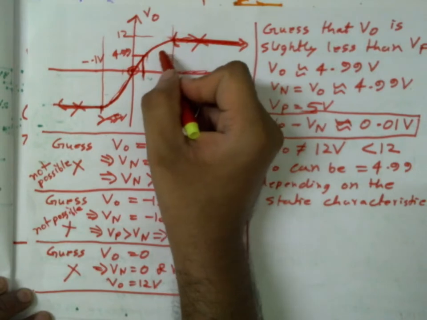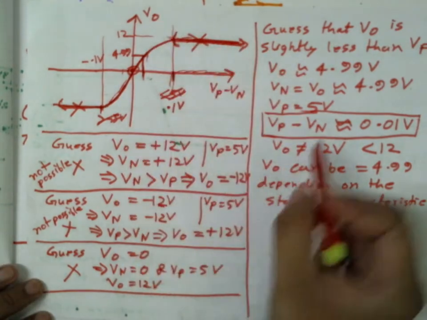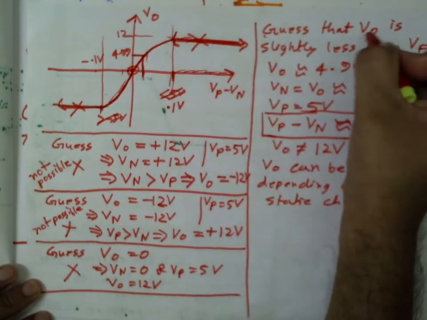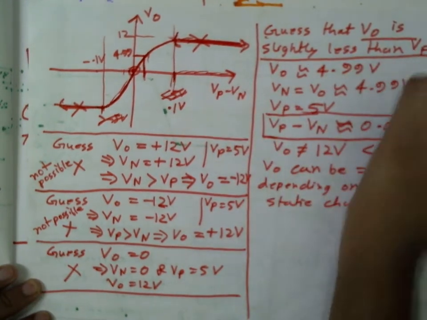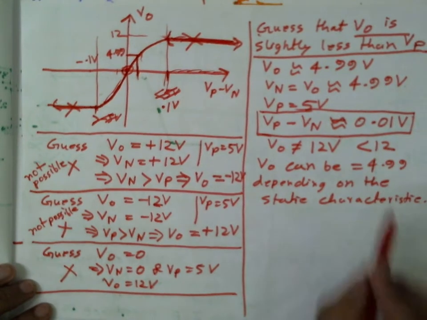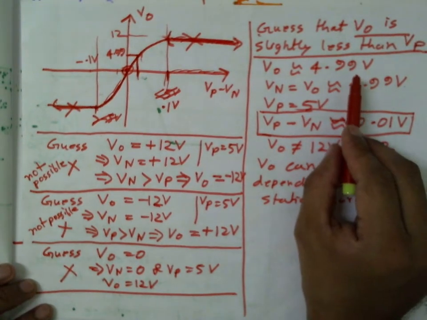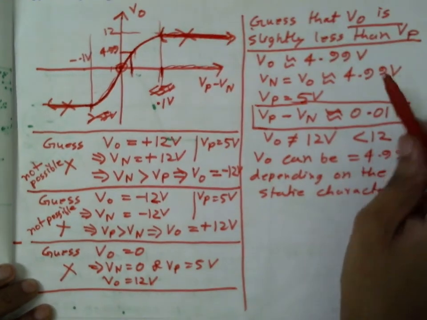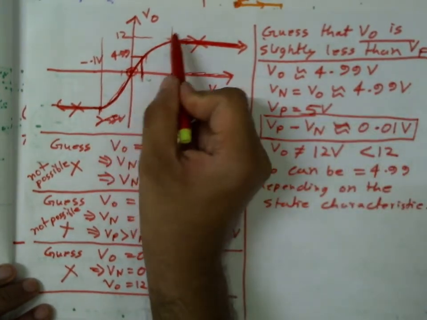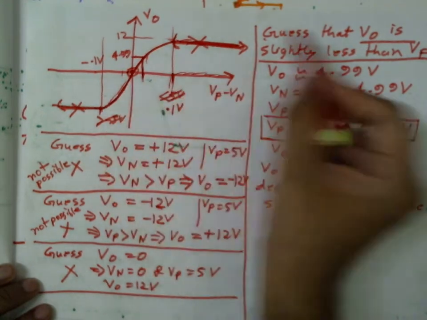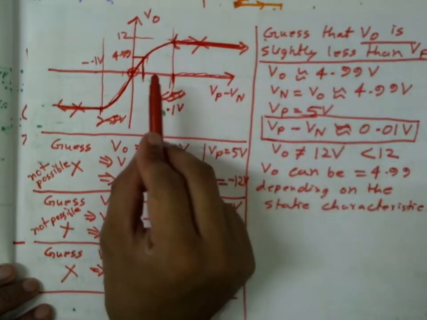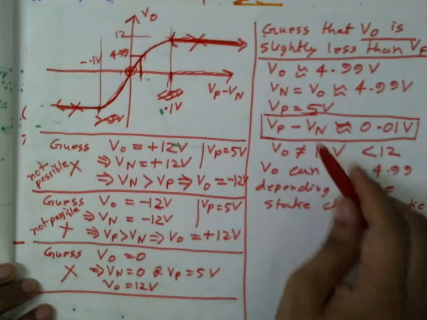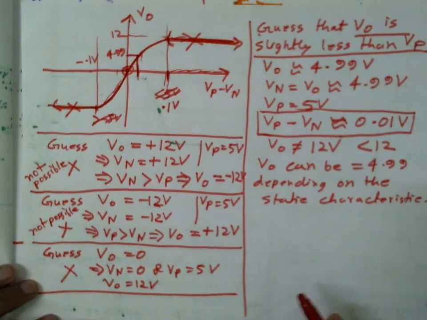And I'm telling you, give it a thought that VO will actually be slightly less than Vp. Whether it's 4.99 or 4.98 or 4.999999, how close that is to Vp depends on this curve, right? But the solution will be that VO is slightly less than Vp. Give it a thought.